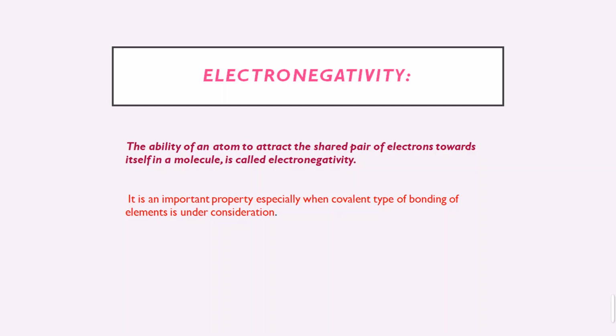The atom that attracts the shared pair of electrons toward itself has the property of electronegativity. It is a very important factor in covalent bonding, not in pure ionic bonding or coordinate covalent bonding. So this topic is considered in the case of the covalent bond, when the compound is formed by the sharing of electrons.